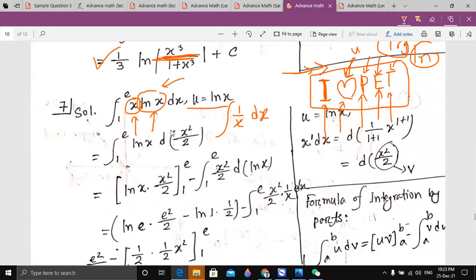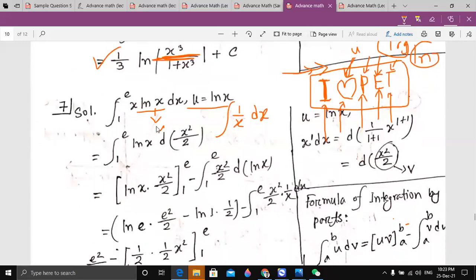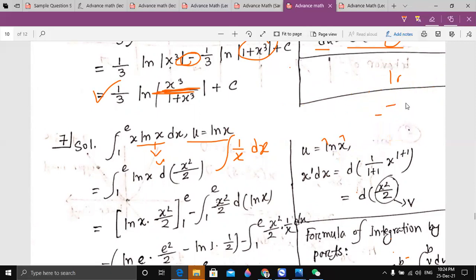So we have a log function and an expo function here, so we know that our u will be the log function. So u is equal to ln x, and now we have to differentiate on both sides. Guys, see here, u equal to ln x. Now differentiate on both sides.